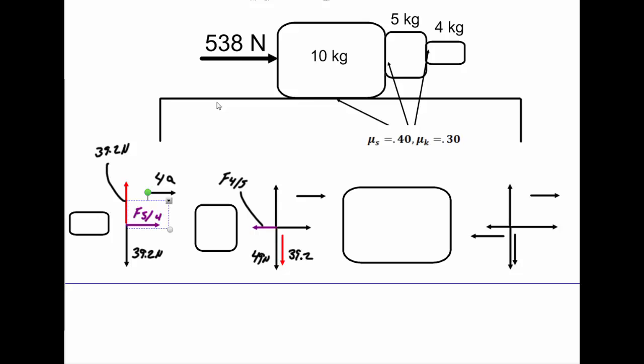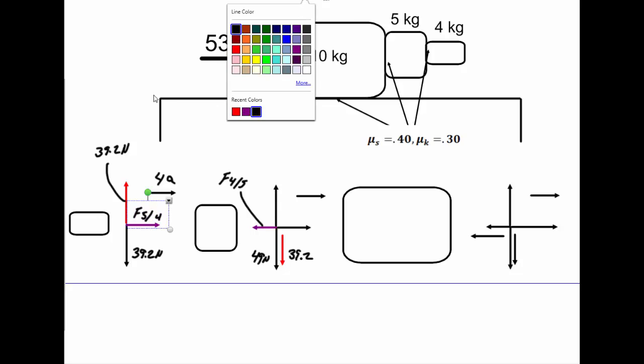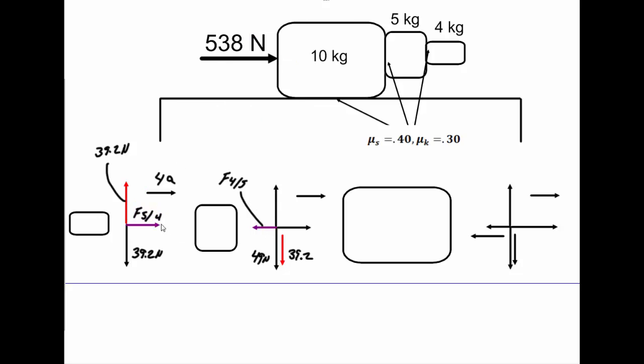Change this back to black. So we've got a force pair here and a force pair here: the force pushing on the 5 and the force the 5 is pushing on the 4. They have exactly the same magnitude, just opposite directions.